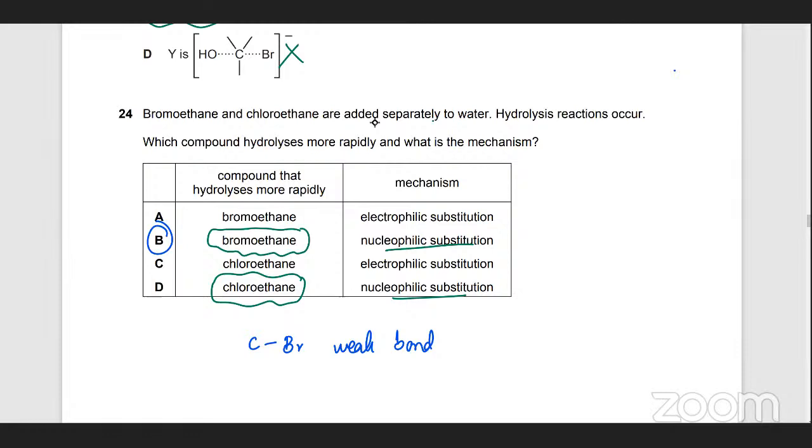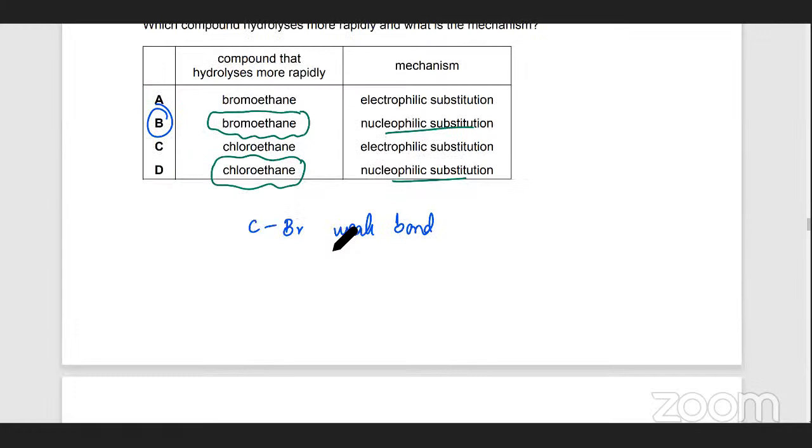And if they have weak bonds, then they can break very easily, which is why the hydrolysis would happen very fast. So remember, down group 17, iodoalkanes are going to be having the fastest reactions, and fluoroalkanes are going to be having the slowest reactions because the carbon and fluorine bonds are very, very strong. They don't break easily.